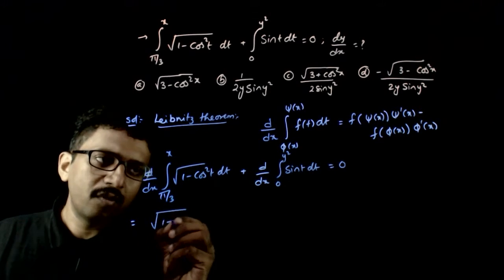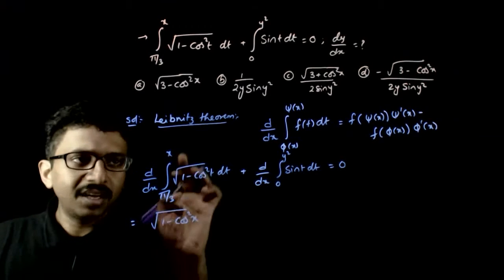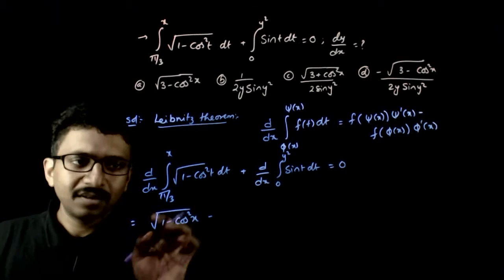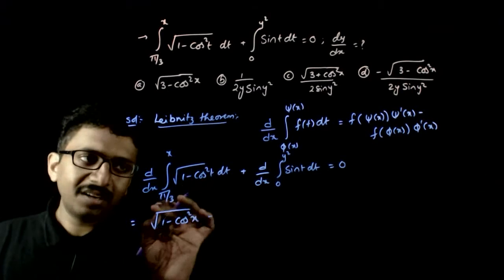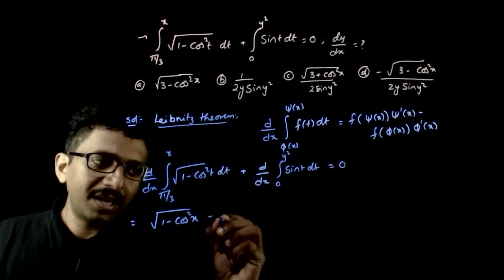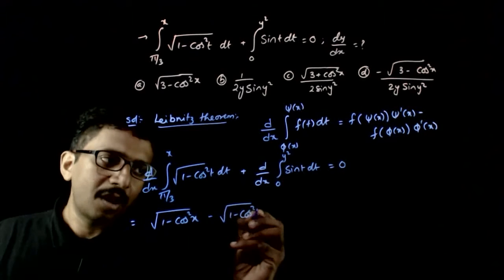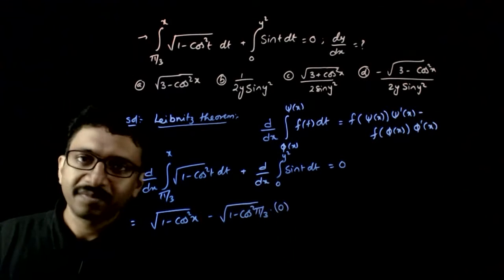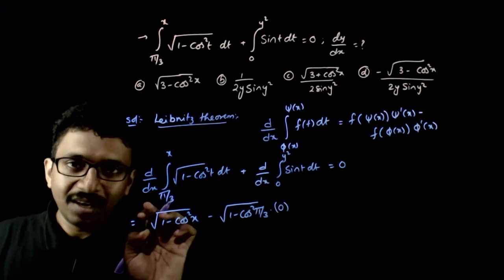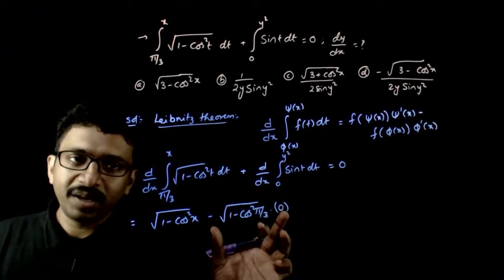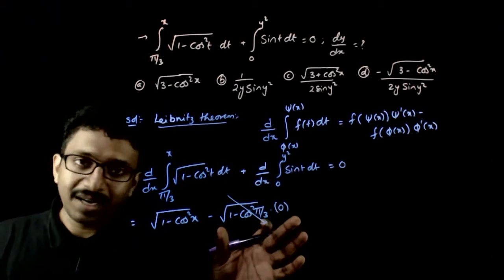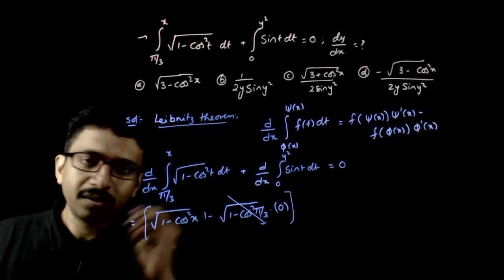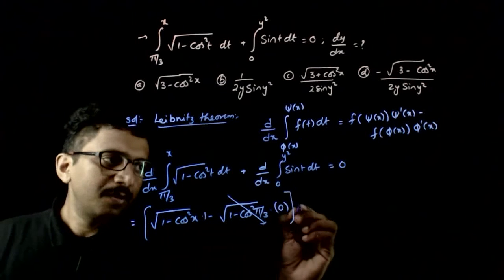So root of 1 minus cos square x into differentiation of x, which is 1, minus, you put t is equal to pi by 3, root of 1 minus cos square pi by 3, into the differentiation of pi by 3, which is 0. Whenever you have a constant limit, that term will become 0. You don't need to write this. So it is root of 1 minus cos square x into 1. That is the d by dx of this.